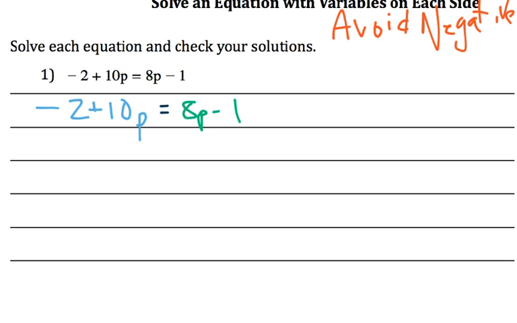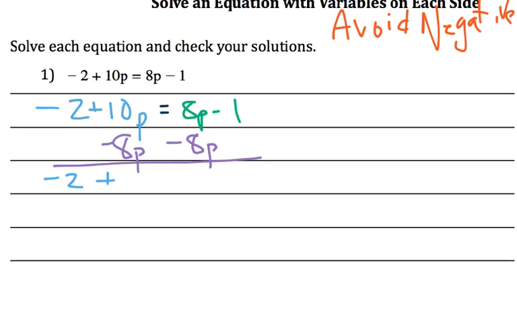So I see 8p on the right side. I'm going to subtract 8p from here, and I'm going to subtract 8p from the left side as well. I look at my original equation. Well, negative 2 was here, so I will rewrite negative 2 on the left side, but then 10p minus 8p becomes a positive 2p.